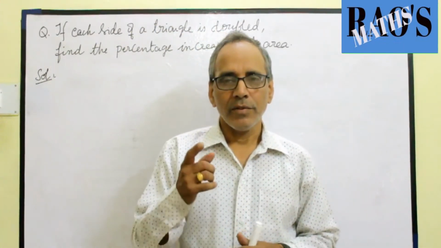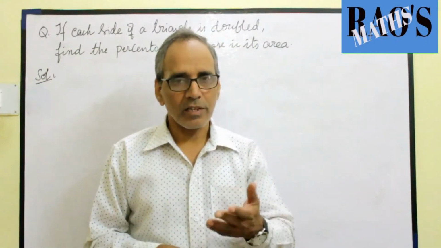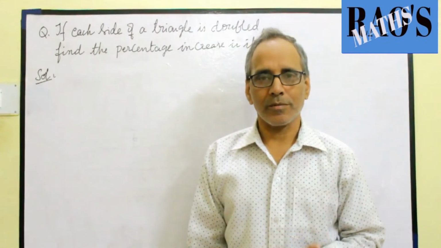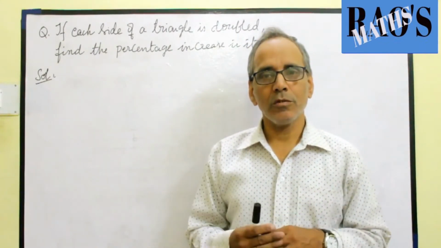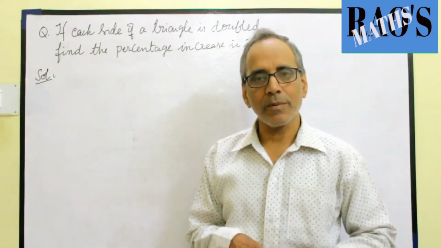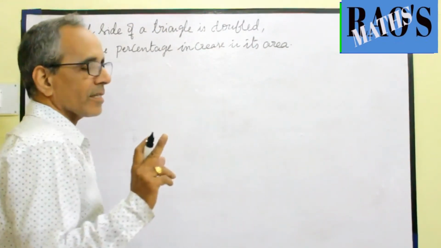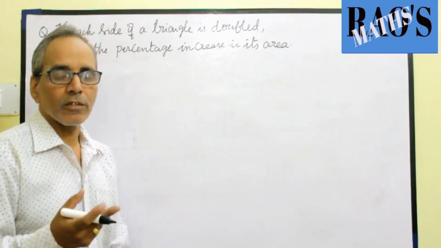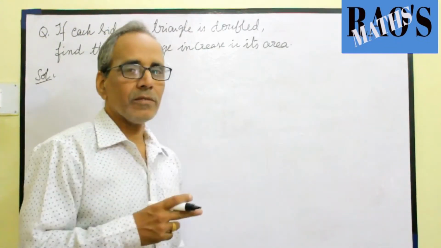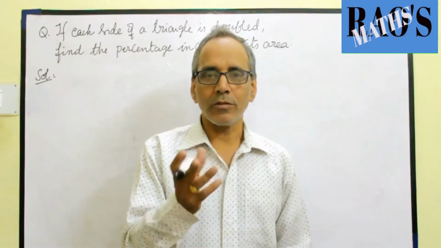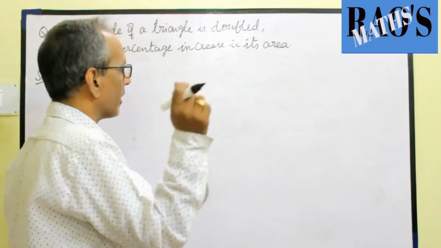With ABC, we know Heron's formula. Of course, we can find it for 2A, 2B, 2C also. Then we compare these two and find the difference in terms of percentage. That is simple. Here we have two triangles. Triangle 1 is with the measurements A, B, C. Triangle 2 with 2A, 2B, 2C. Let's find out the area of both the triangles now.